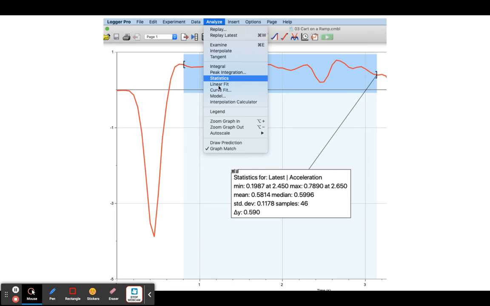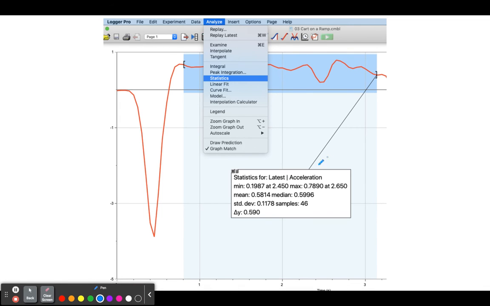Or you can do linear fit, and it'll tell you hopefully the slope is 0. And it'll also give you the acceleration value. The statistics function is a little bit easier to determine the information you'll need for 6. So I suggest that you highlight the segment of the graph that looks the most constant, head to statistics.